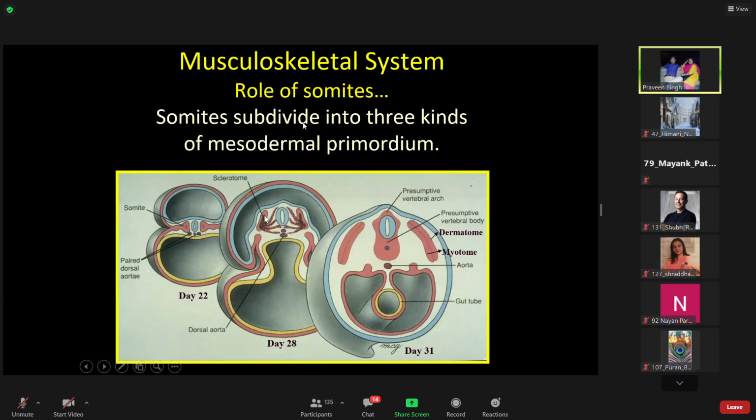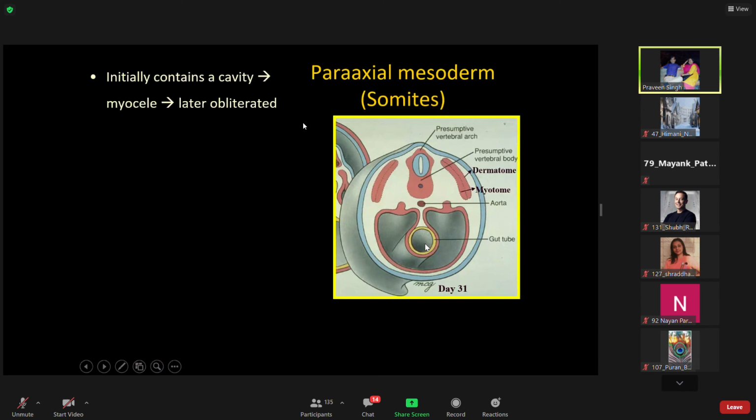Then what happens to it is cavitation develops in between, and there's a medial layer and then there's an outer layer. Medial layer is going to form the vertebral column. The outer layer is going to form dermatome and myotome. So presumptive vertebral body is formed medially, and later it is dermatome and myotome. Initially, the somites contain a cavity, myocoele, which is later obliterated.